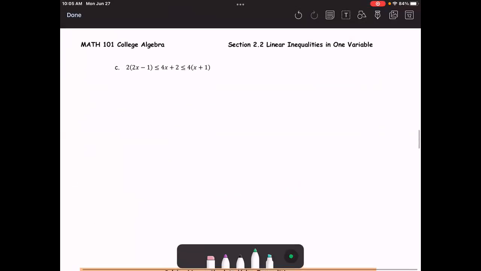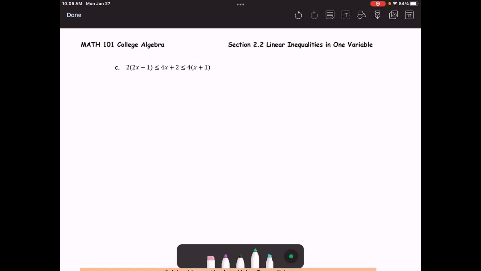In this example, we have the compound inequality with the left-hand side expression 2 times the quantity 2x minus 1, less than or equal to the expression 4x plus 2, less than or equal to 4 times the quantity x plus 1.